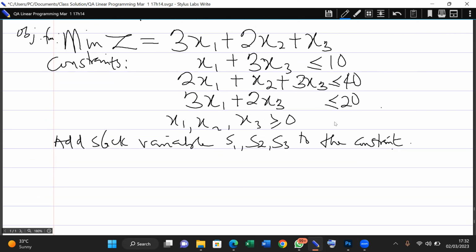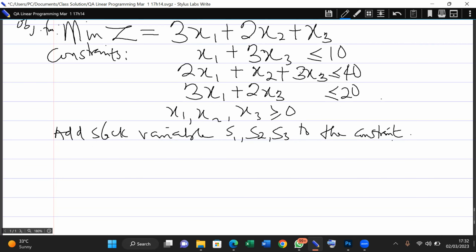Look up, everybody. We are adding it to the constraint. The constraint 1 is our x1 plus 3x3. Add your slack variable 1, change the inequality to equality, equal to 10.